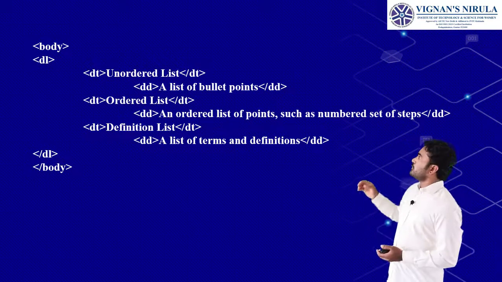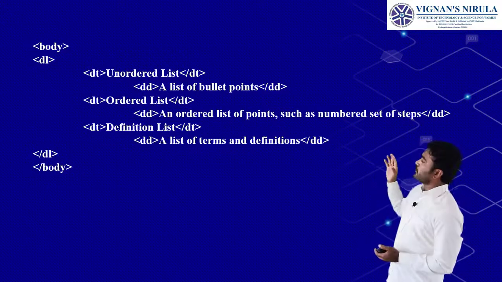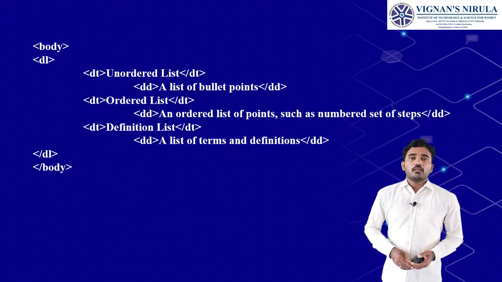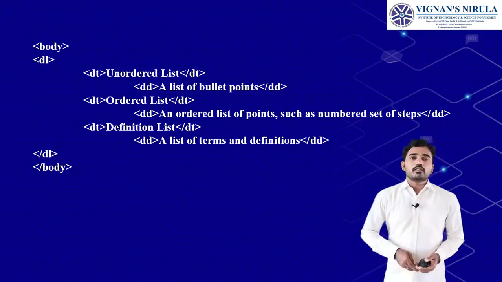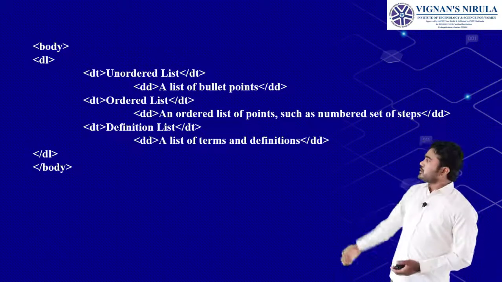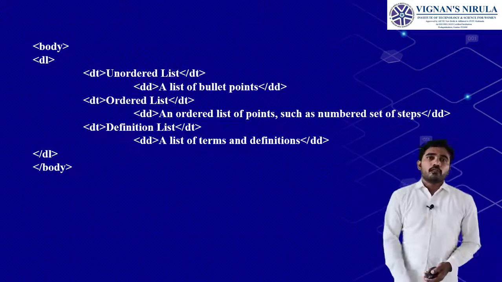And the next definition term I have used is definition list, and the data definition for that one, that is DD, a list of terms and definitions. So in the last line I have closed the DL and then I have closed the body.